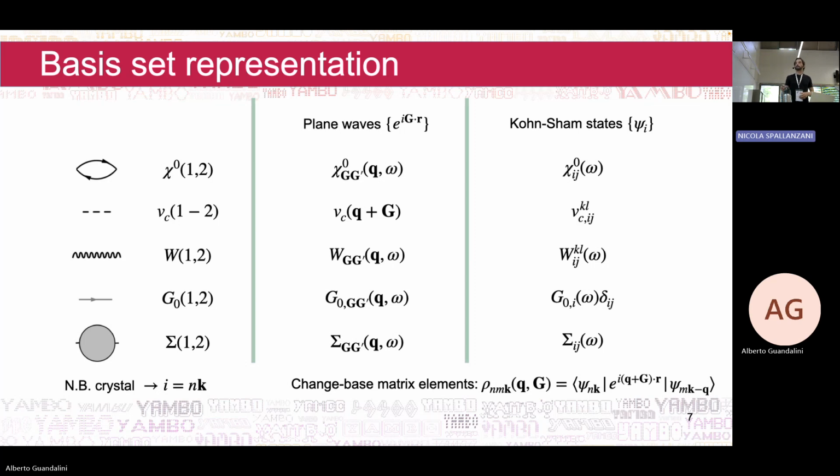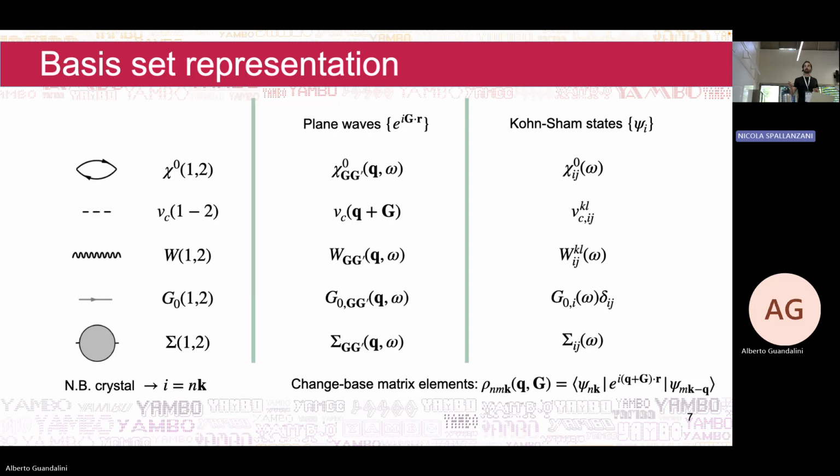There are matrix elements that move from one Hilbert space to the other, and the reason why there are 2 Hilbert spaces is that different operators can be conveniently represented in a different basis set.